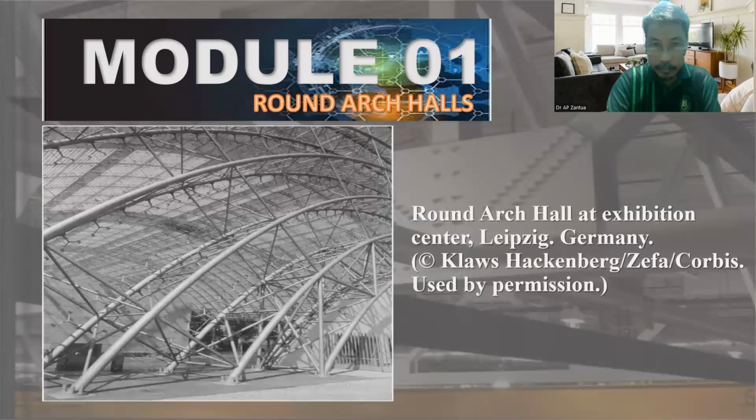Steel domes and round arch hall at Exhibition Center, Leipzig, Germany. So take note of the post and columns, steel columns. It's not straight up, it's not vertical. It is now what?